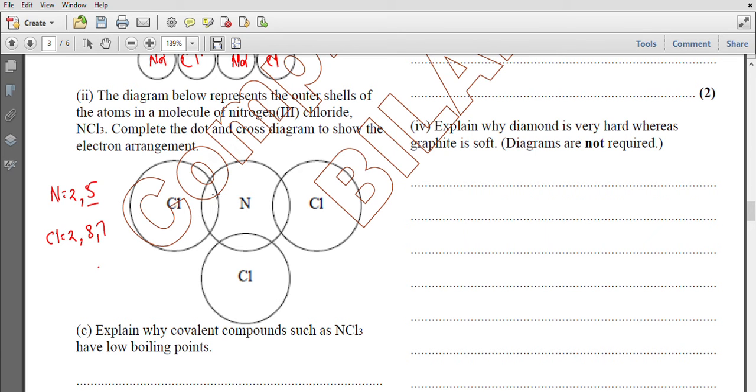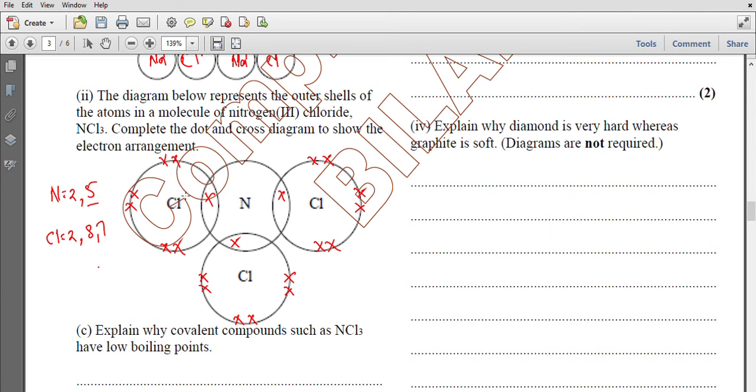Chlorine requires 1 electron, so it will share 1 electron with the nitrogen atom. Each chlorine shares 1 electron. Out of 7, if the chlorine shares 1, it is left with 6 electrons which are not involved in bonding. We must show all of the valence shell electrons, whether or not they are involved in making a bond.